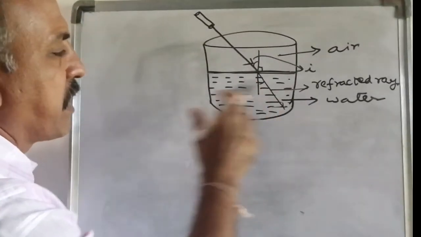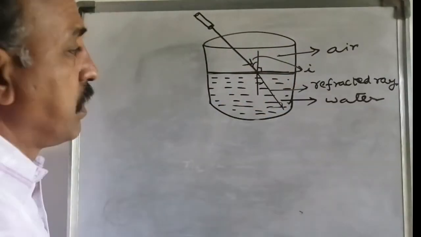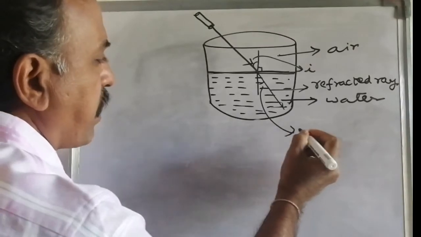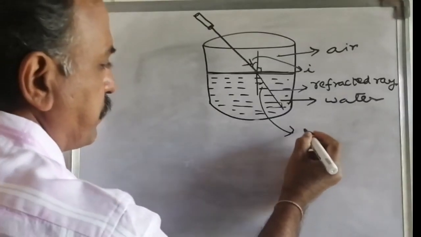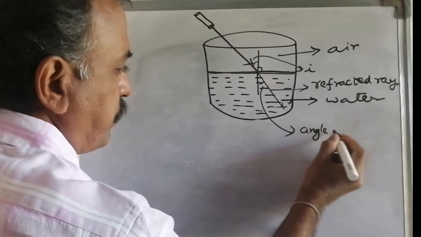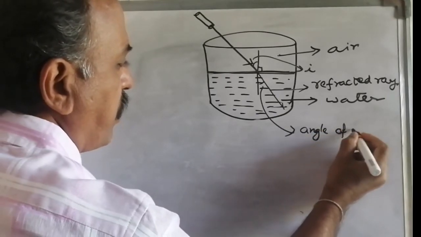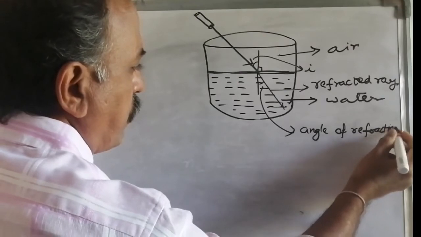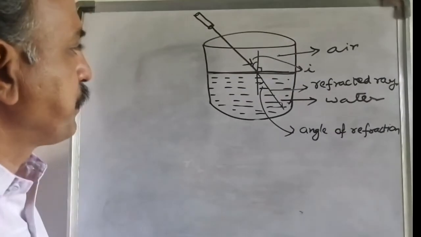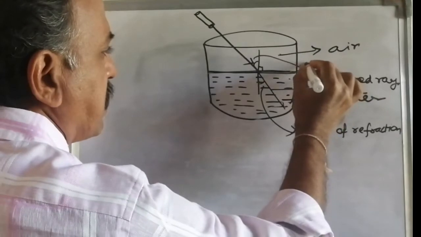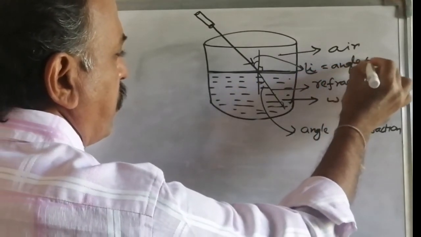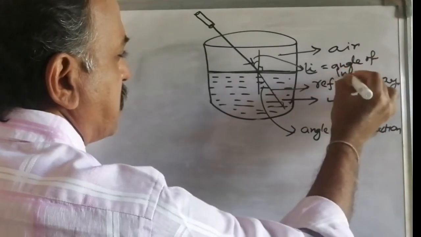The refracted ray is bent towards the normal, and this angle is called the angle of refraction, angle r. This angle we call the angle of incidence.